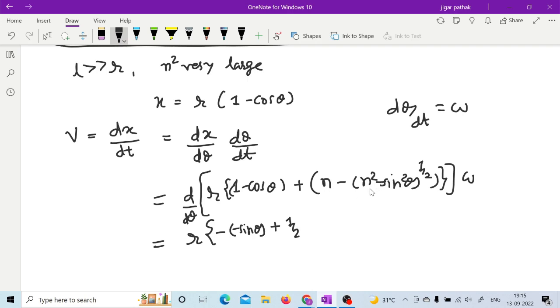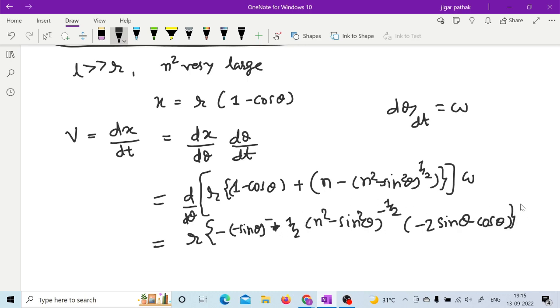For the term minus n square minus sine square theta raised to 1 by 2, it will be minus 1 by 2 into n square minus sine square theta raised to 1 by 2 minus 1, that is minus 1 by 2. And the differentiation of minus sine square theta will be minus 2 sine theta cos theta. So this is how you will have your differentiation.